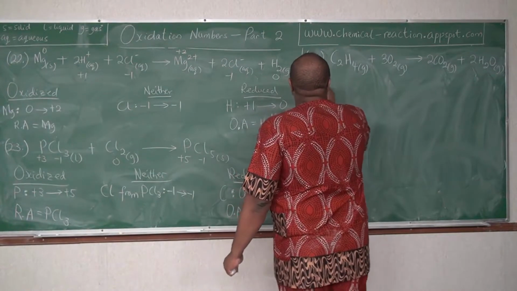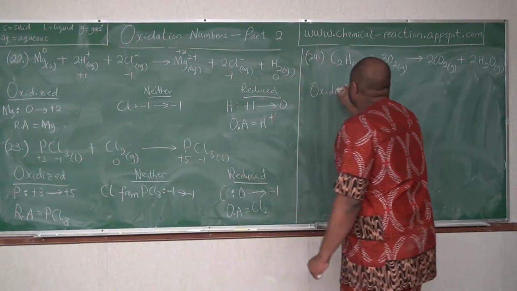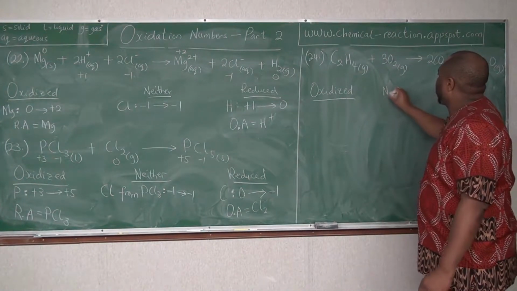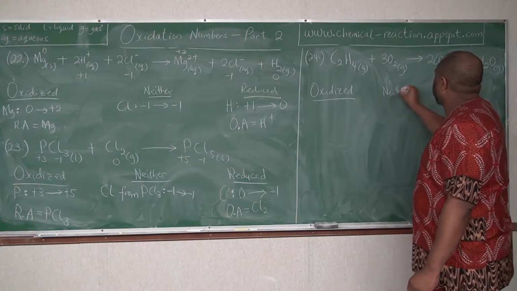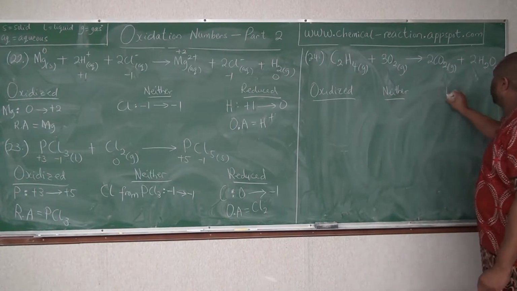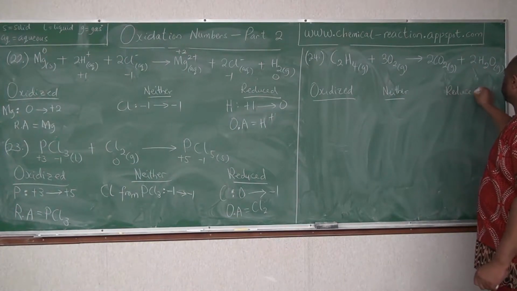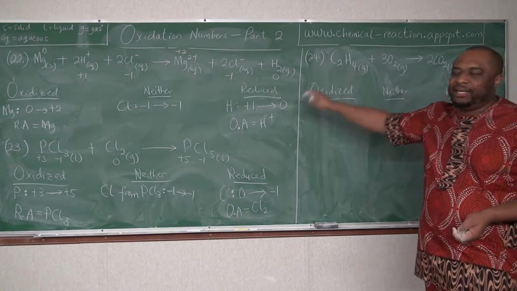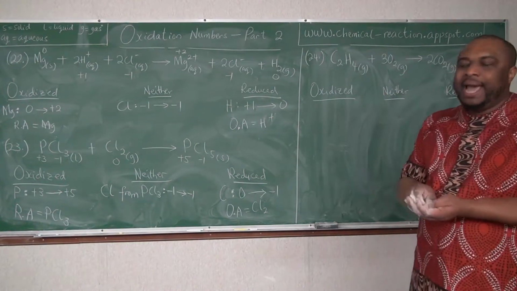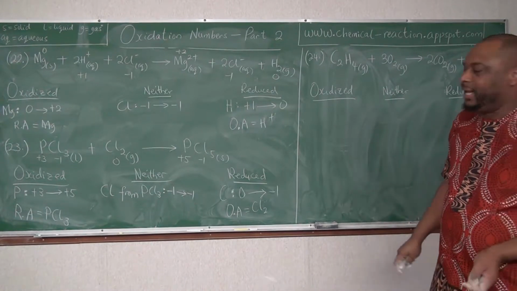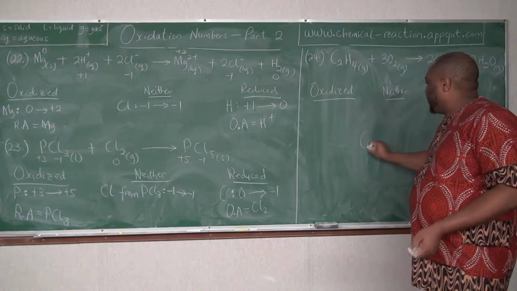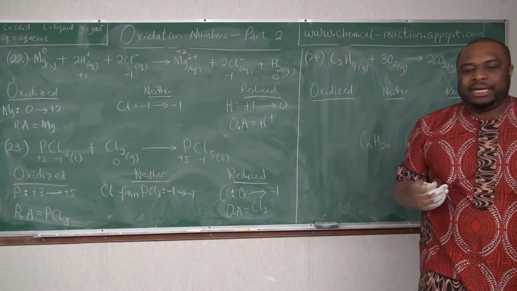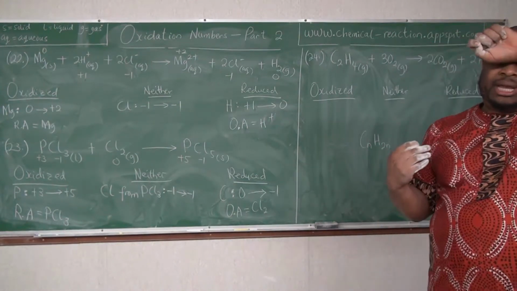We have oxidized, neither, and then reduced. So here, this is ethane. When you do organic chemistry, alkenes have the general molecular formula CnH2n.